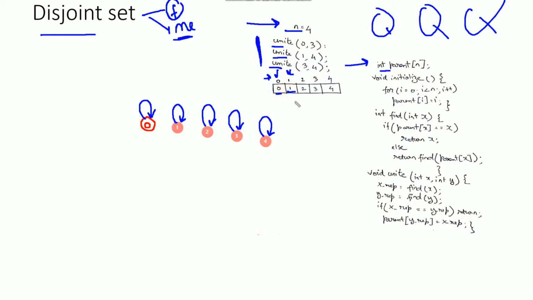So initially the parent array has the representative of the data. In the diagram, for data 0 its representative is 0 itself. This is the representing arrow. The initial scenario will be in this form.